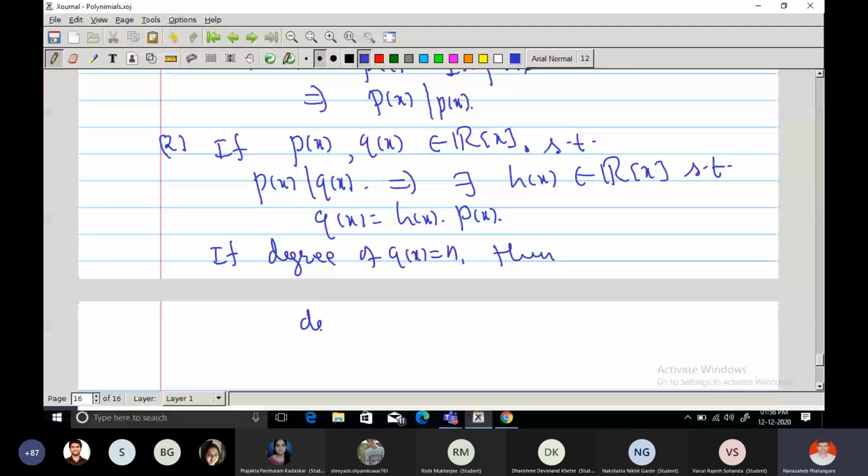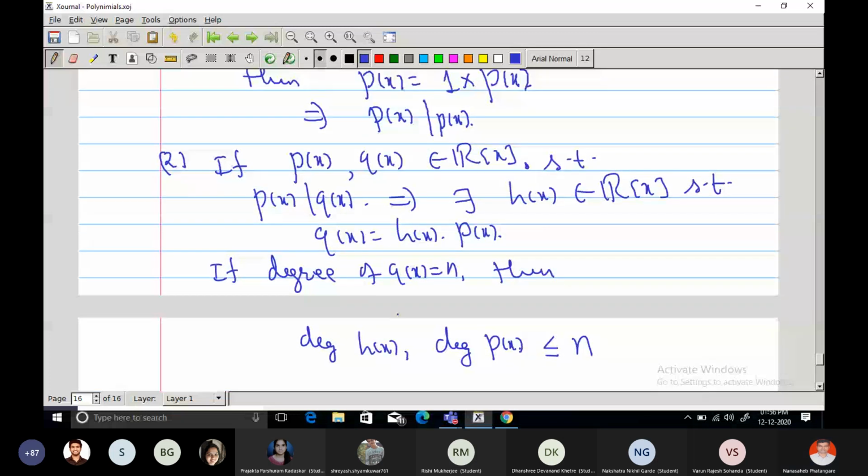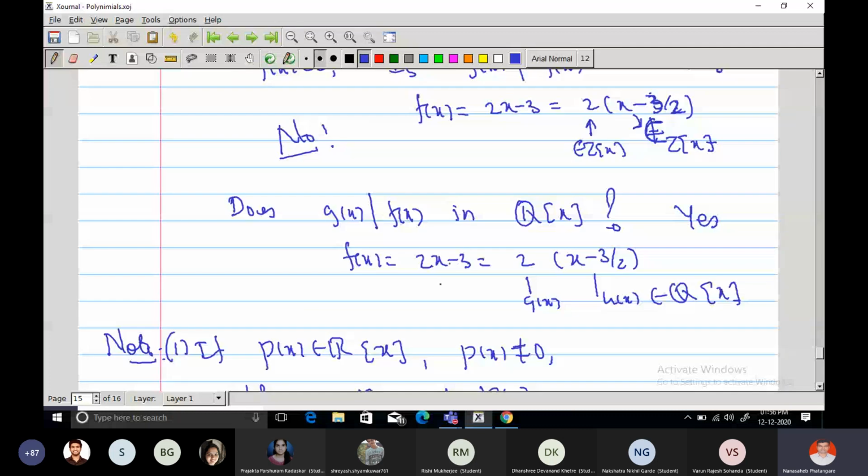What can you say about the degrees of these two polynomials, p(x) and h(x)? They must be less than or equal to n, not greater than n. See the previous examples. 2x minus 3, what is the degree? 1. What is the degree of g(x) here? The factor 2 has degree 0.